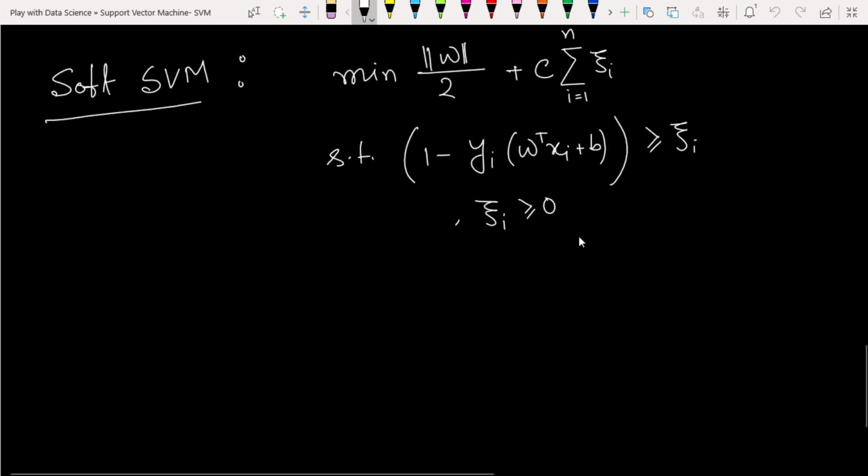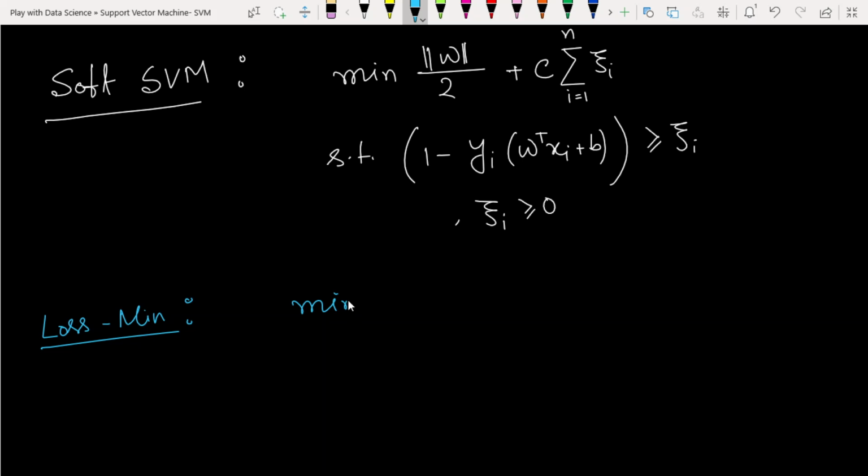Now the main thing is that we are going to compare this soft margin SVM with our loss minimization. Let me write the loss minimization equation again.